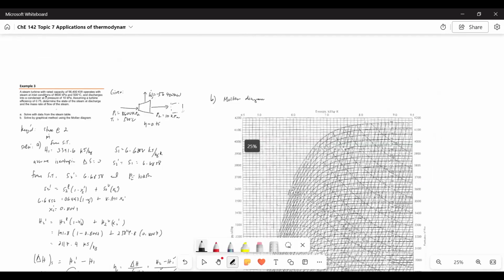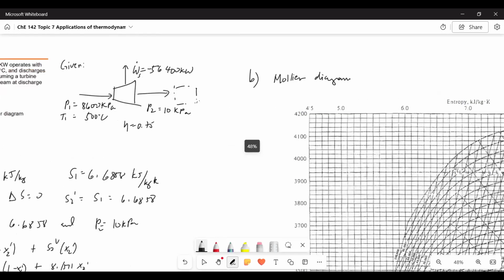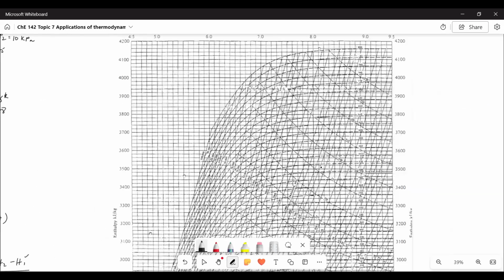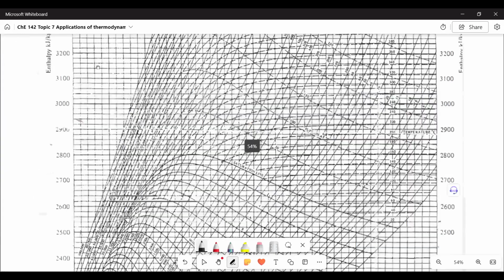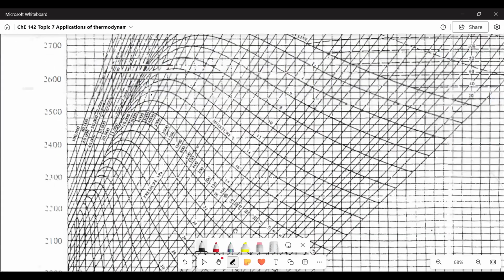The first thing is, we have the same conditions at the inlet. We try to find the curves and the point that would give us P1 equal to 8,600 kilopascal and T1 equal to 500. Good luck to us. So where do we find it? This is 8,000 kilopascal. This is 10,000. So it's between those lines.